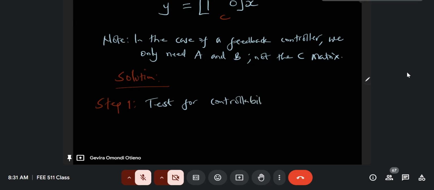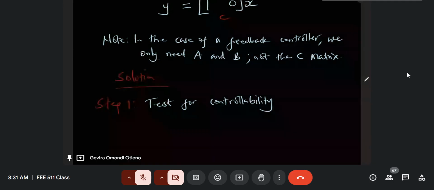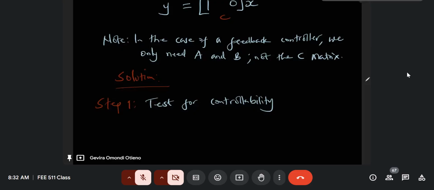Now, this is why I deliberately taught you controllability and observability before we came into doing design. So for all the methods, the first thing usually is to test for controllability. Why do we need to test for controllability?